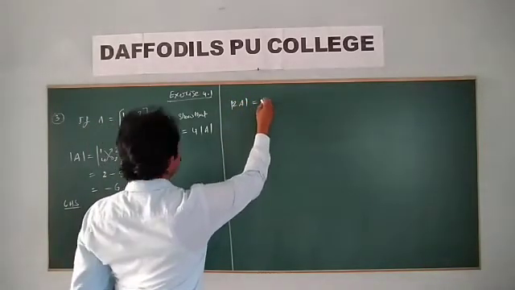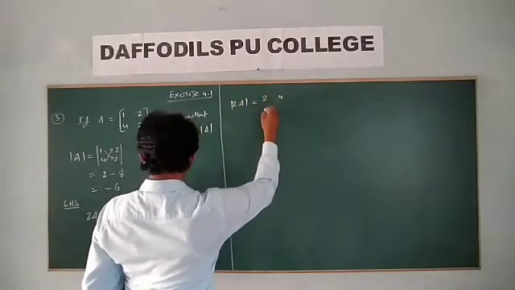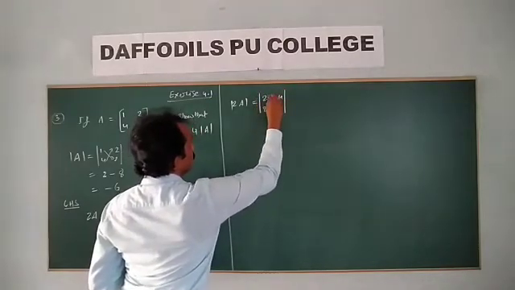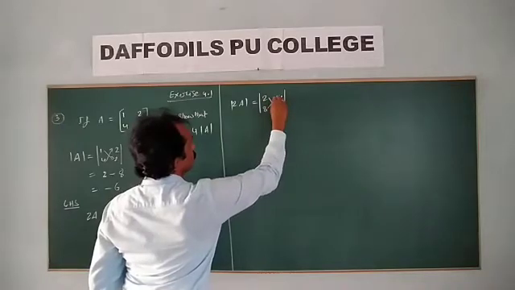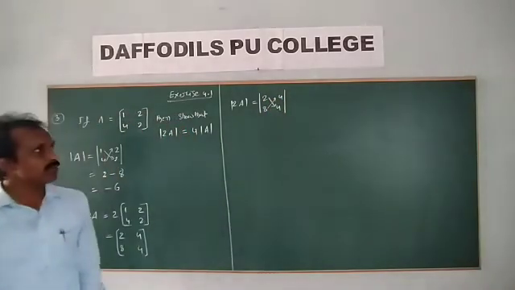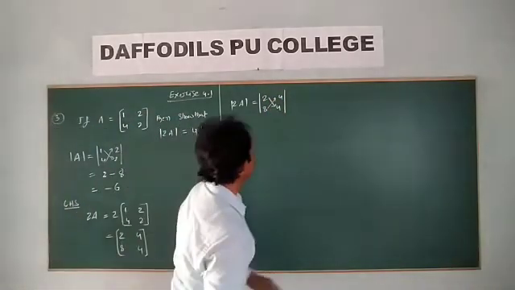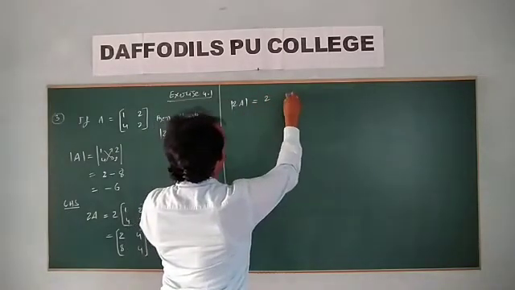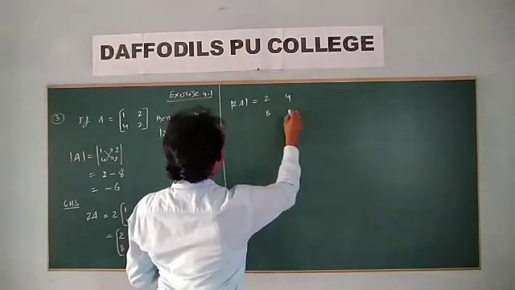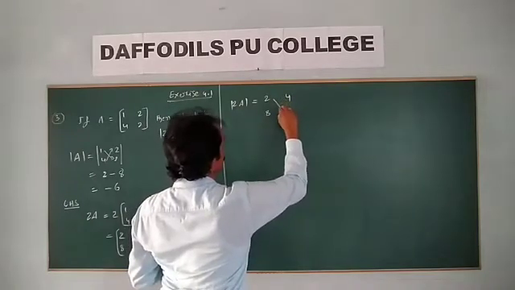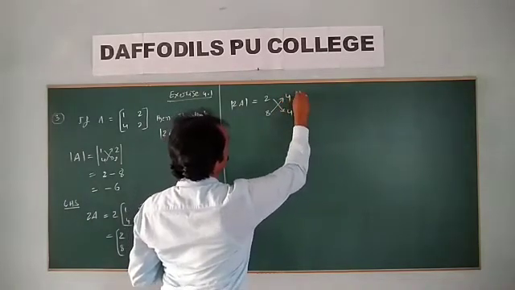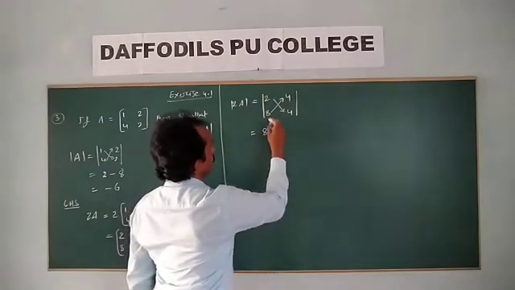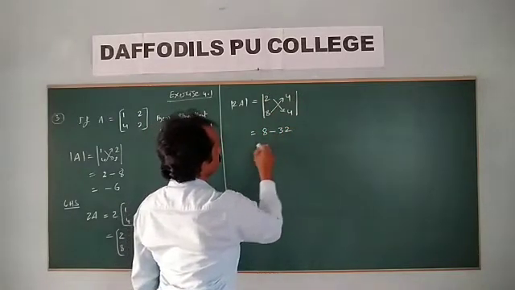Det of 2A is equal to |2 4; 8 4|. Visible clearly? Otherwise, write like this. 2 fours, 8. 8 fours, 32.